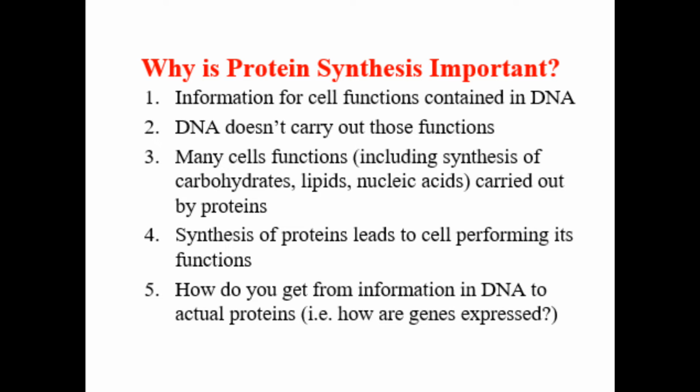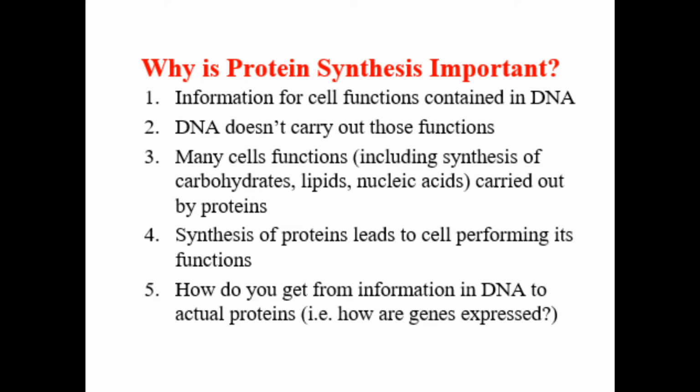The cells need to make a whole bunch of different things. And in order to do that, you need proteins. So the key to information stored in DNA is that it's used to make proteins. It's used to make some other things as well, but proteins is going to be our focus.